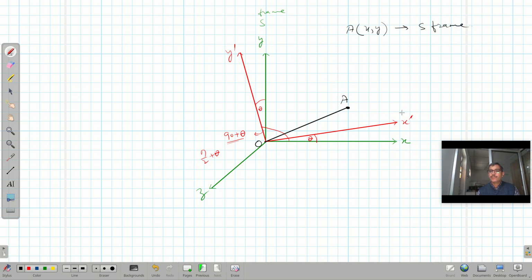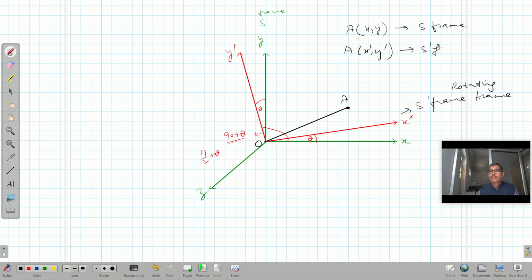Say this frame is the S prime frame, this is the moving frame, sorry, rotating frame, not moving, but let us call it a rotating frame. And in the S prime frame, A is represented by x prime and y prime.